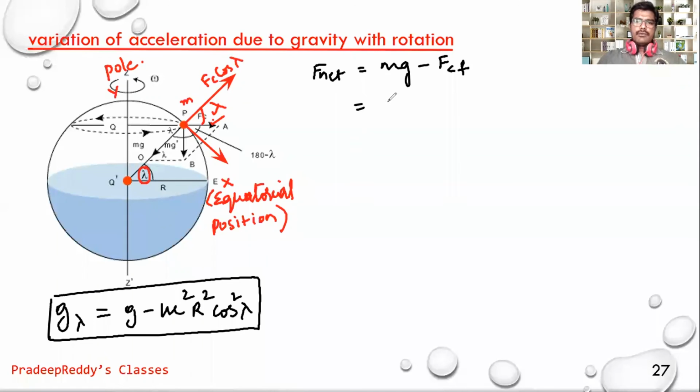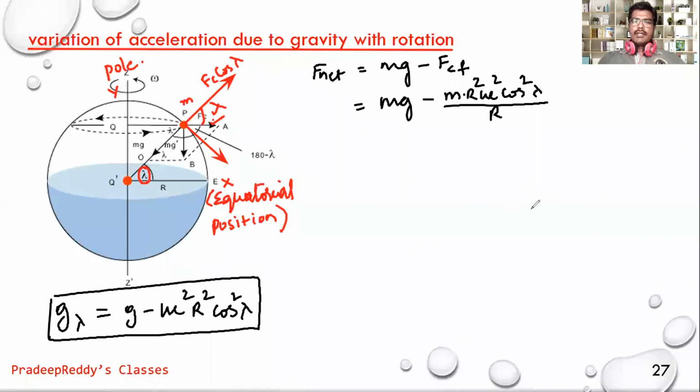This is equal to mg minus centrifugal force, which is m v square divided by r. But v is equal to r omega, so I'll write it as r omega.